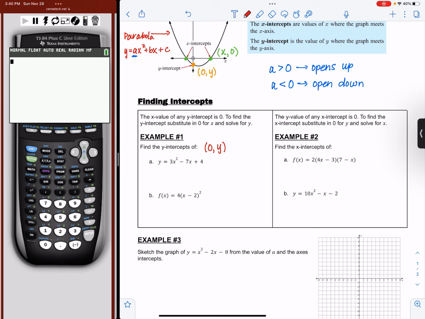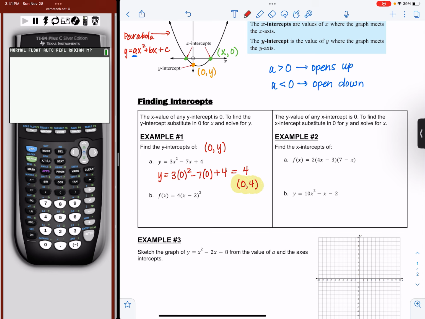For question A on example 1, we have y is equal to 3 times 0 squared minus 7 times 0 plus 4, and we all should know that that is equal to just 4. So the y-intercept written as a point will be 0, 4.